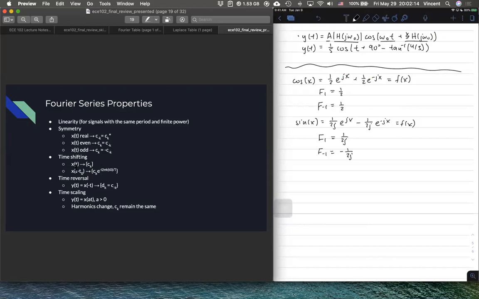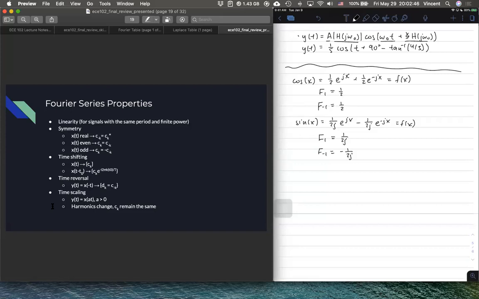Let's say x of t has a Fourier coefficient F of n, and if you time shift it by t naught, then the new coefficient is just an exponential multiplied version of that. And if you time reverse the signal, the new coefficient would be the same, but reversed.